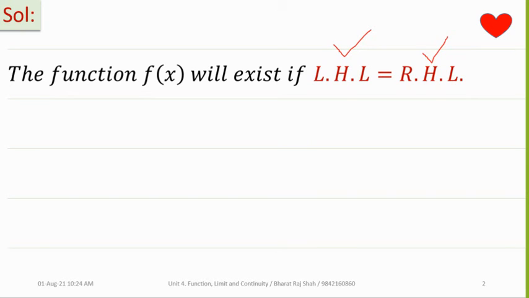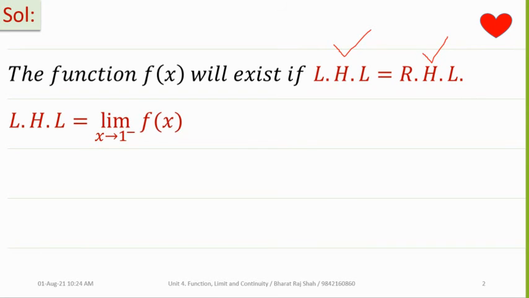When both the left hand and right hand limits are equal, then we say that the limit exists. Otherwise the limit doesn't exist. So what shall we write? Left hand limit is the limit of the function as x tends to 1 minus. Please understand, 1 minus does not mean minus 1.